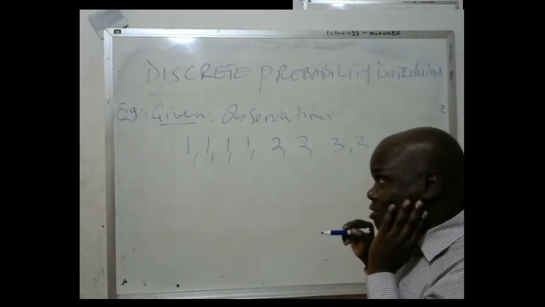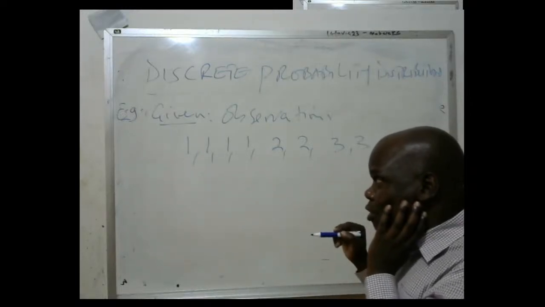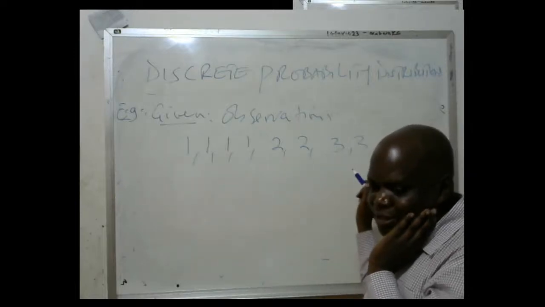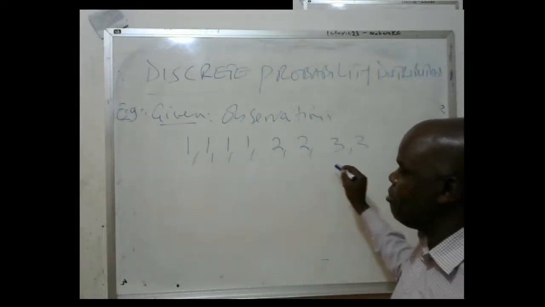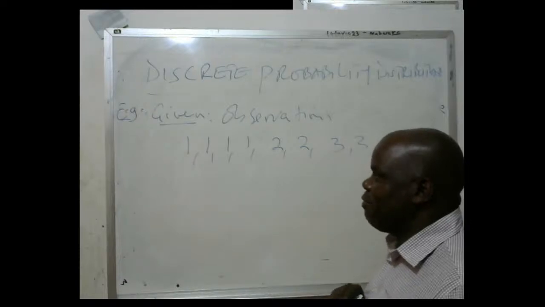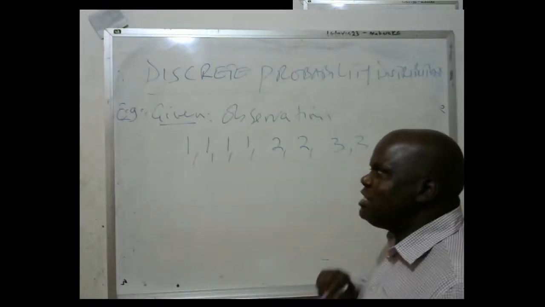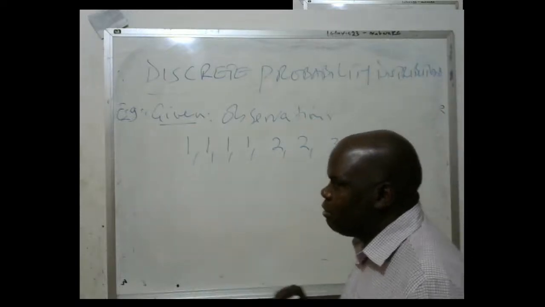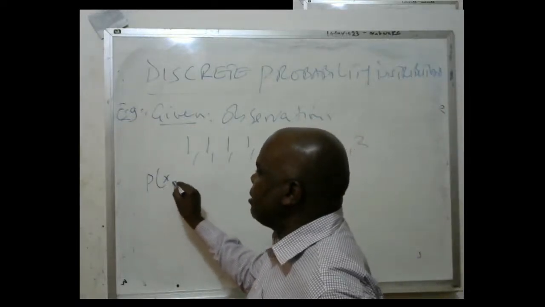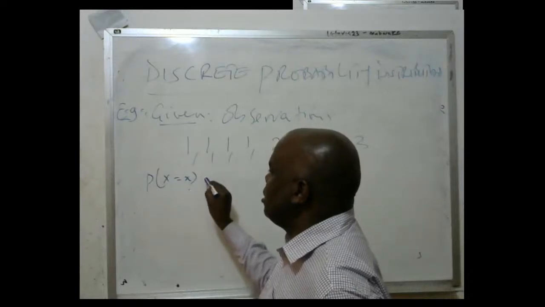So it becomes a random variable of counting numbers. The question then would be, from our probability theory, what's the probability that I get an observation which is equal to 1?